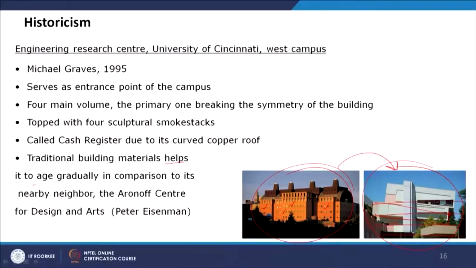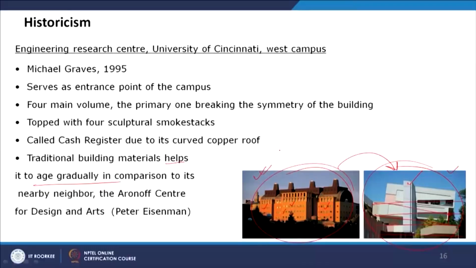But what I'm trying to say is, the deconstructive era and the historicism era are both contemporary postmodern movements, but historicism gives a more age-old, traditional look, and so it helps to age gradually. This is an aged building, and this is a newer building with a futuristic approach, while this one connects to history.